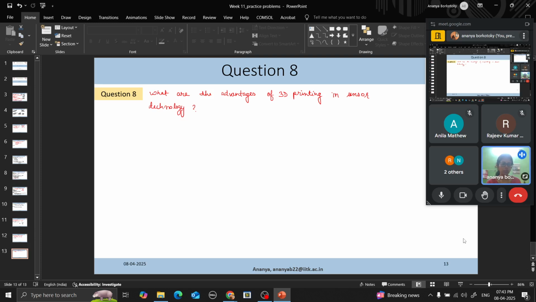The problem is the ink that we are using for 3D printing. So many research groups are working on that, so that we can make materials compatible with 3D printing. And if we can make that ink, we can make complicated structures also using this technology.